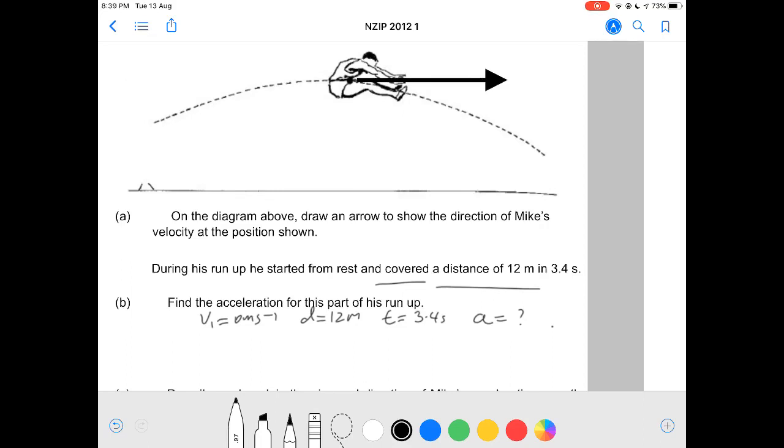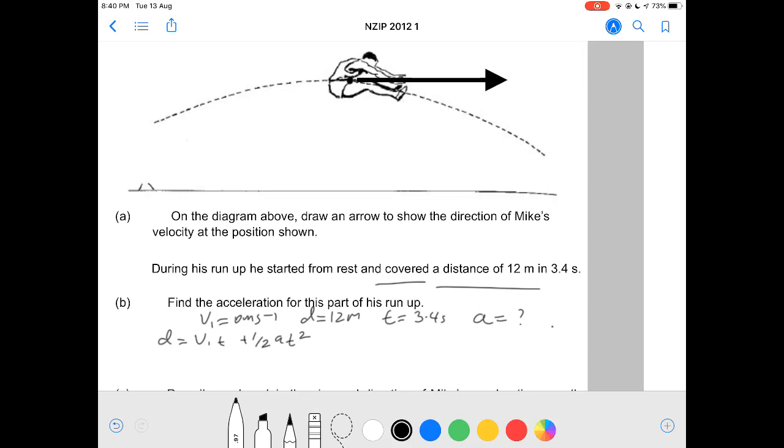We've got to do the slightly harder part now, which is to identify which equation we need to use in order to solve this question. Looking at the equations, which one has Vi, d, t, and a, and nothing else? You should find that the only formula that satisfies this is d equals Vi t plus half At squared.